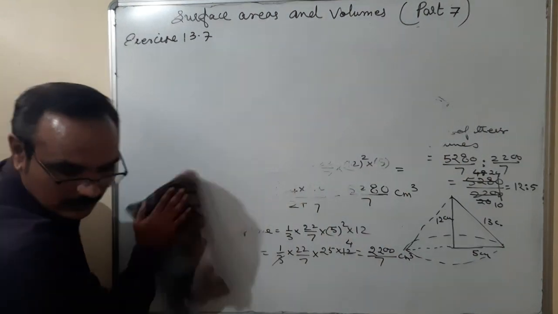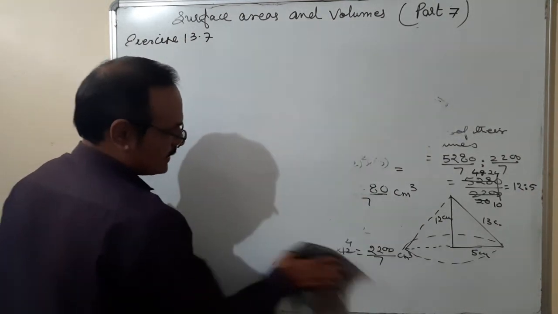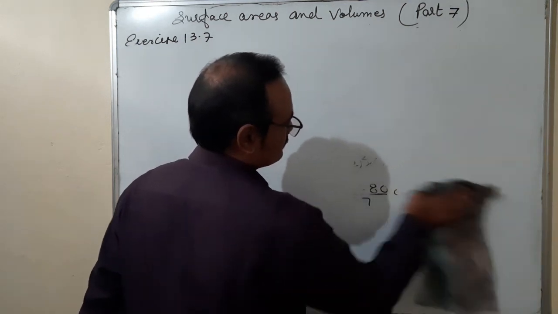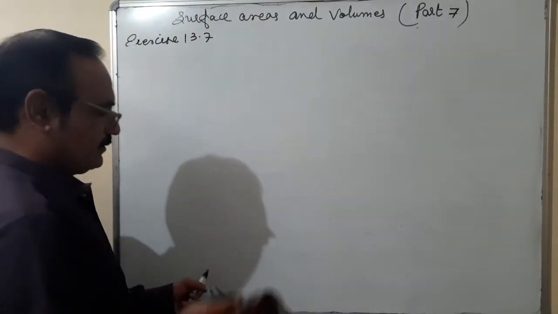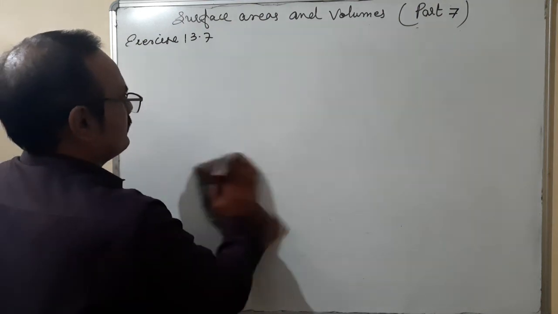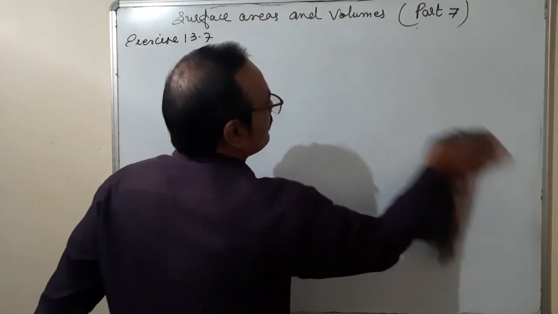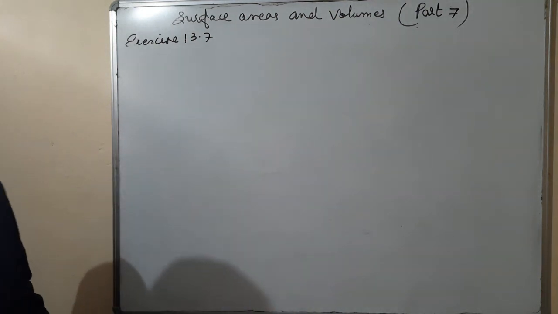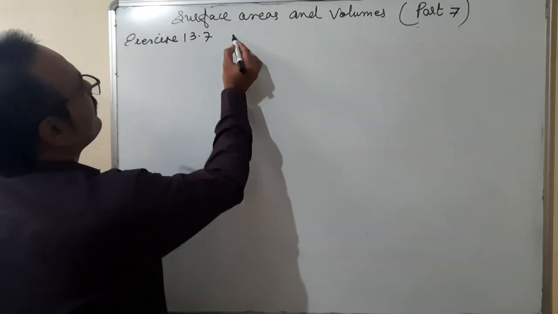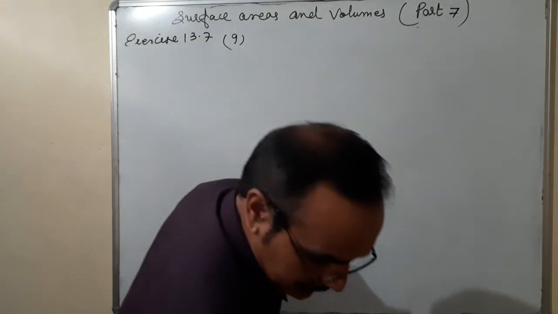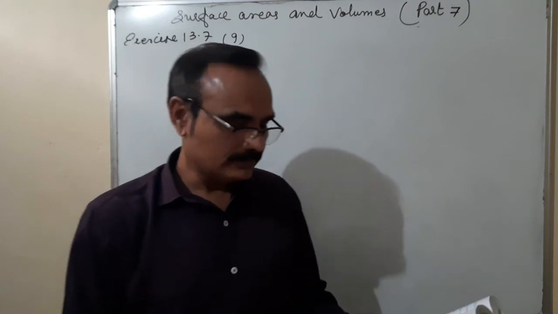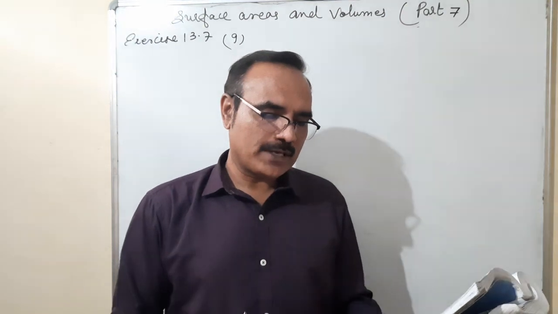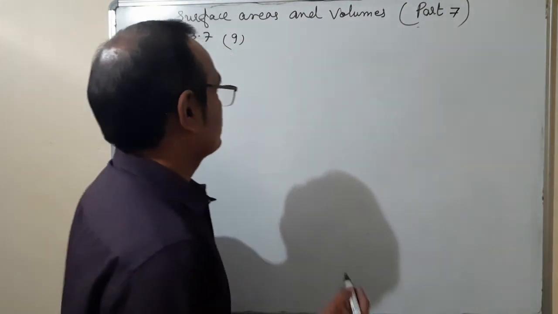Question number 9, the last question of this exercise. Ninth question: a heap of wheat is in the form of a cone whose diameter is 10.5 meter and the height is 3 meter.